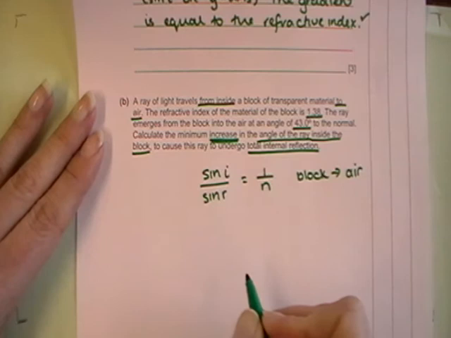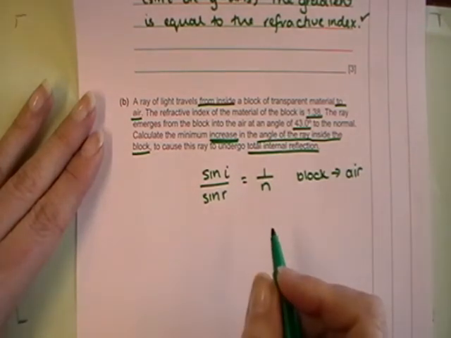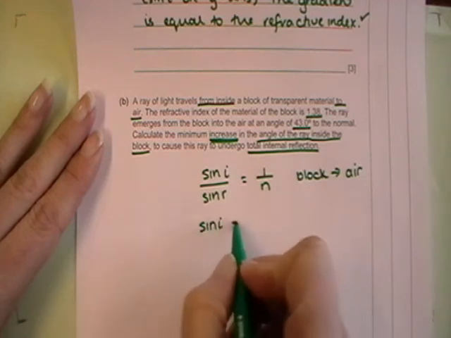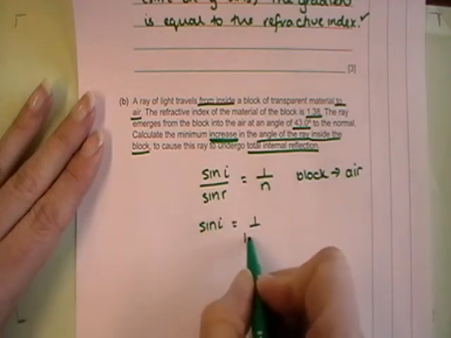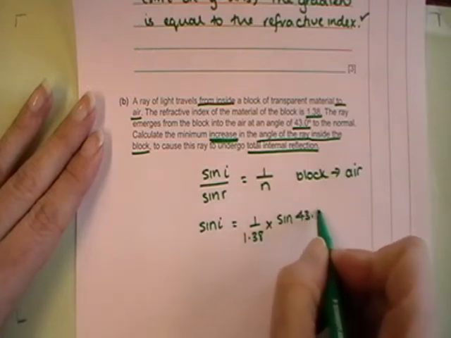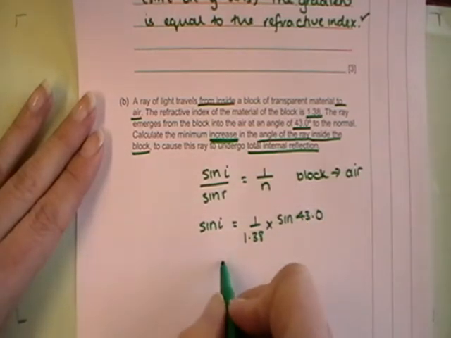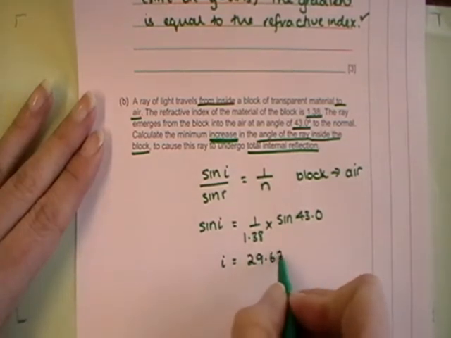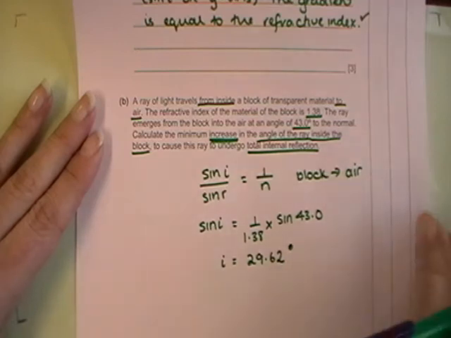We must use the reciprocal of that refractive index. Therefore, sin of I is equal to 1 over 1.38 times the sine of the refracted angle, which is 43 degrees. This gives us an angle of incidence of 29.62 degrees.